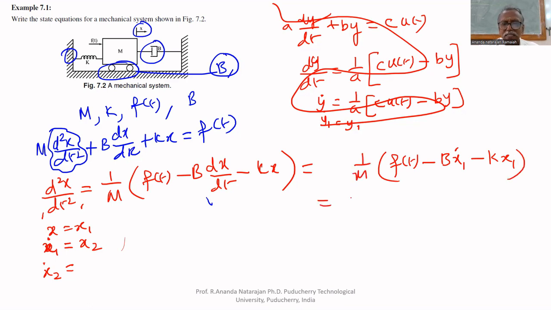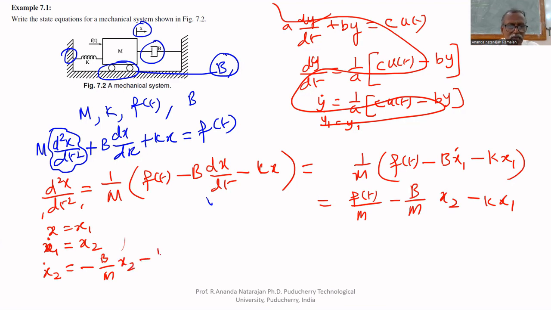This can also be written as f of t divided by m minus b by m x1 dot, which is x2, minus k by m x1. Now we can write in state space model x2 dot equal to minus b by m x2 minus k by m x1 plus f of t divided by m.